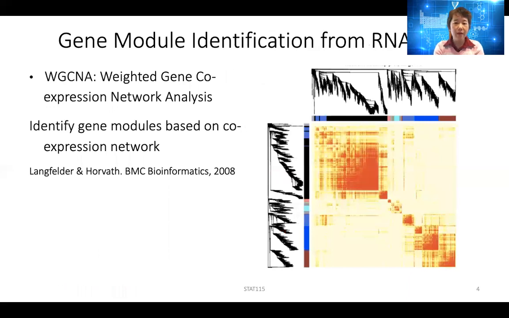So with many samples available, you can also look at gene modules. This is when you have many different samples; you can't just do this with a tumor-normal pair. This is called WGCNA, weighted gene co-expression network analysis. You can imagine if you have, say, one tumor type, let's just think about luminal breast cancer, in hundreds of samples at the same time, you profiled many patients, then you could look at genes that are correlated in many samples.